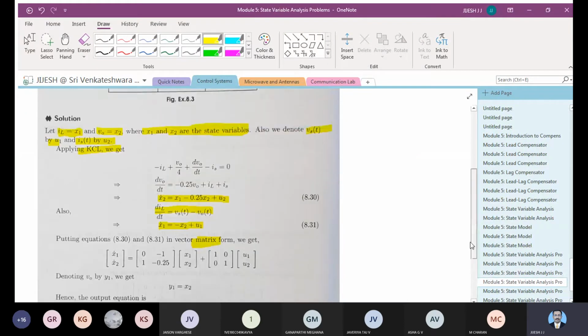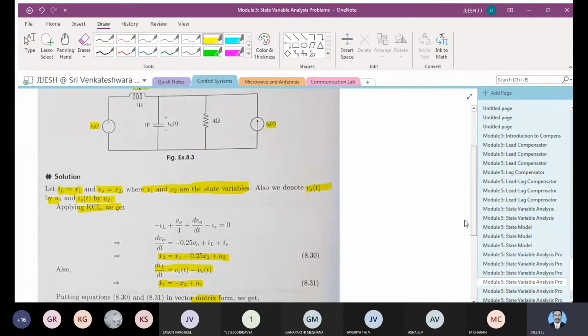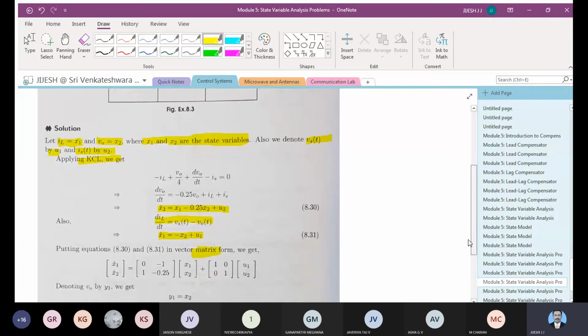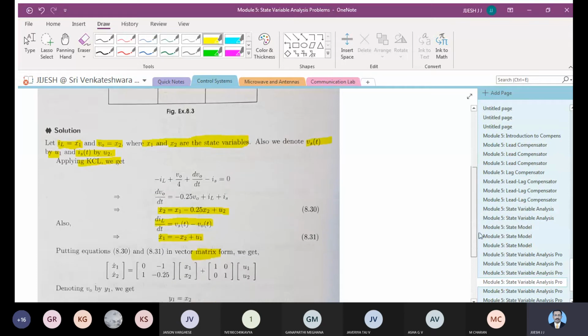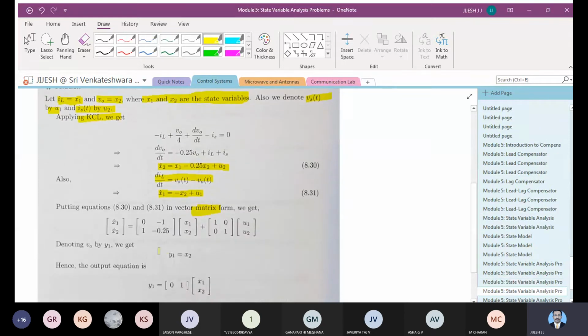Similarly, you also have to go for the output part, that is y. What is the output here? y is equal to x2, that means the output voltage, V out. You can directly write y1 is equal to x2. In matrix form, this will be [0 1] [x1; x2].